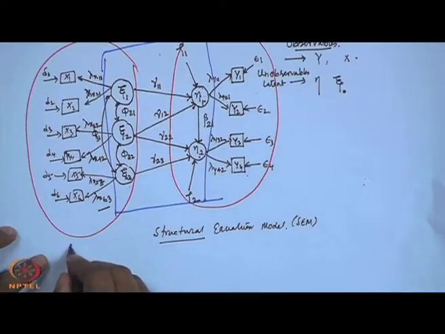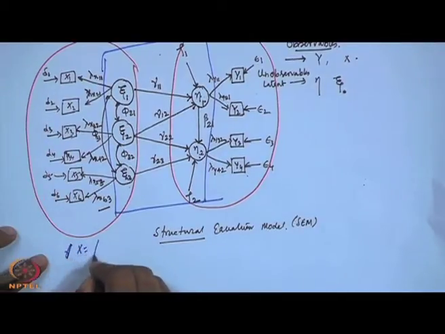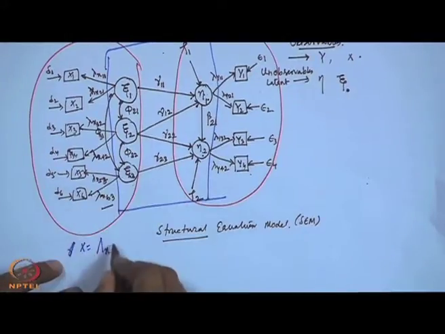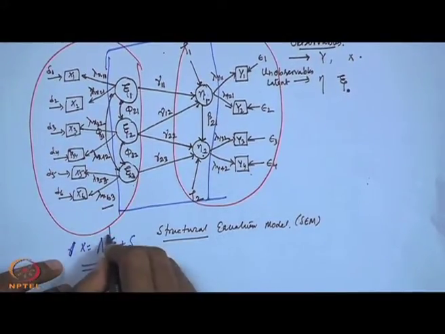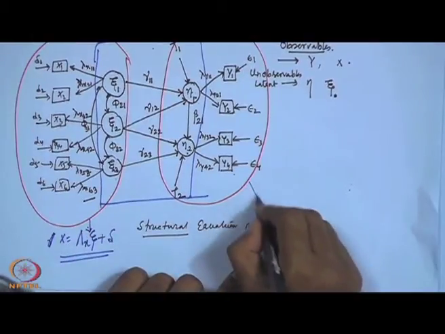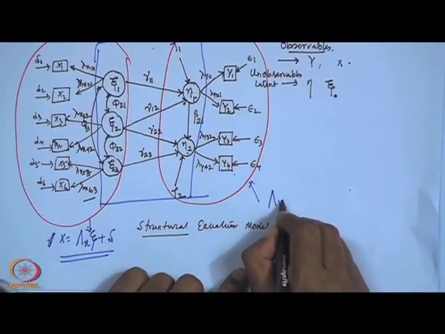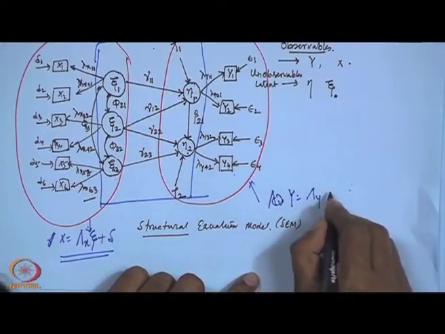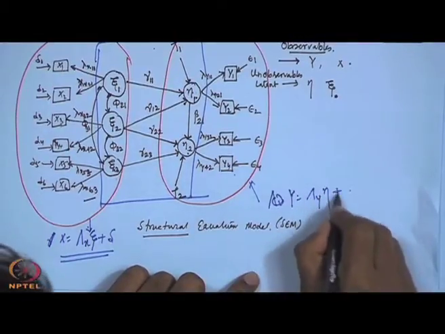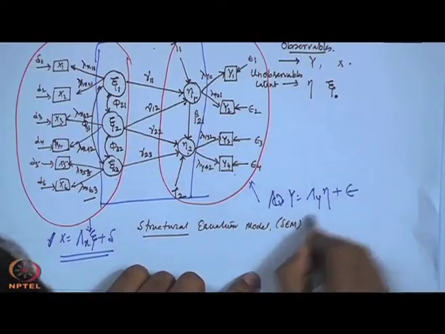And once you are happy with this, on this side my x is lambda x xi plus delta. This is my measurement model for this side, and on this side y is lambda y into eta plus epsilon.